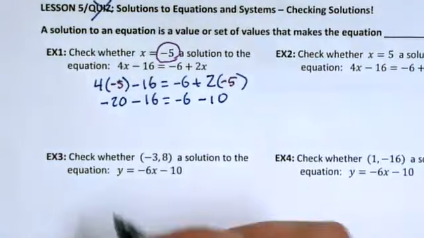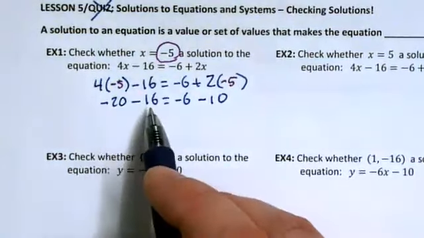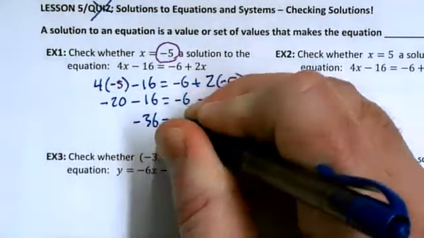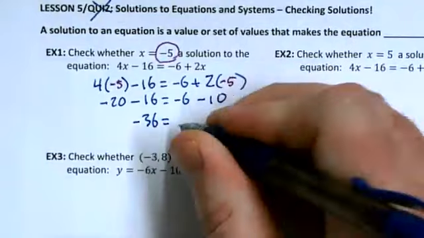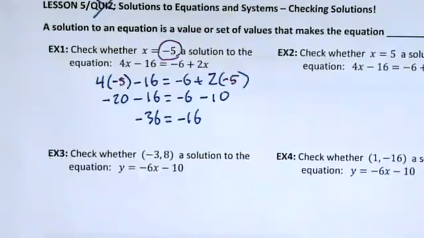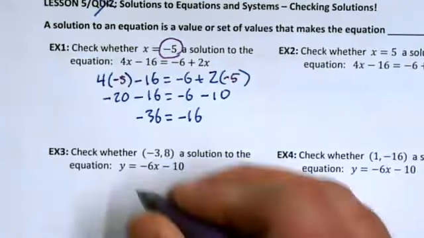And then let's combine -20 and -16, that's going to be even more negative. That's -36. And this is -16. And those are not equal to each other. So what does that tell us about -5? -5 is not a solution.